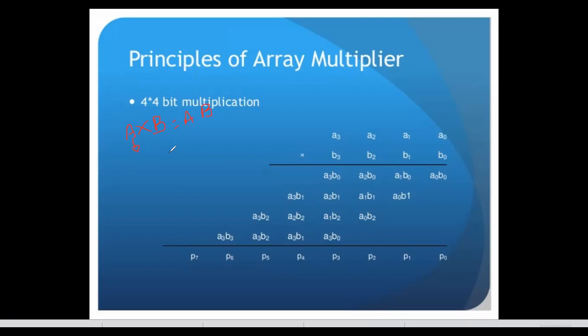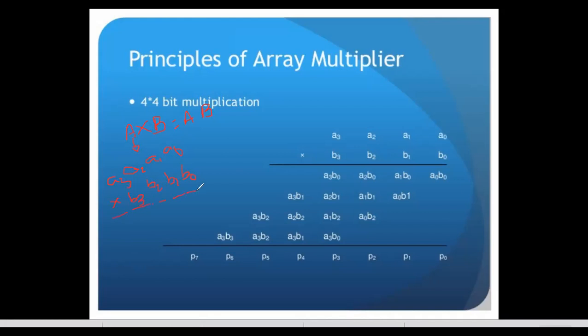A has 4 bits, A0, A1, A2 and A3, multiplied with the multiplicand, that is B0, B1, B2 and B3.